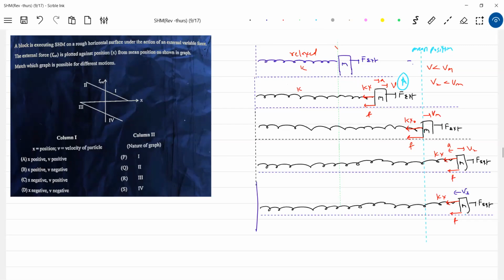Okay, point A will come here. What about option B, where do we have to search? Option B will be x positive, V negative.